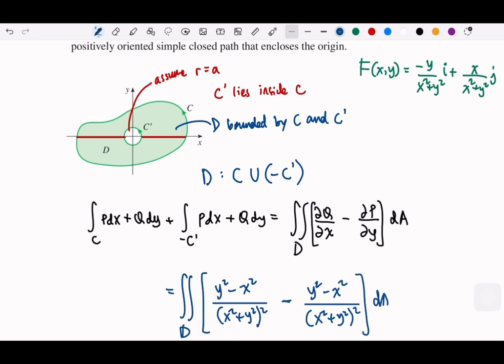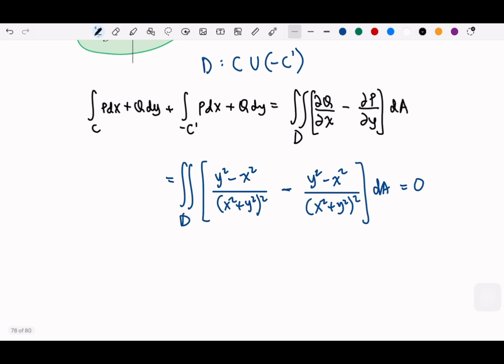Since we have the same results between these two, this will result in 0. Okay? So what does that mean? That means that for the line integral, both C and C prime are going to be the same.